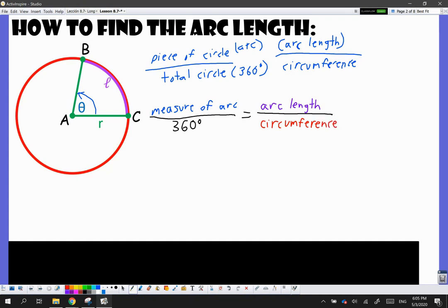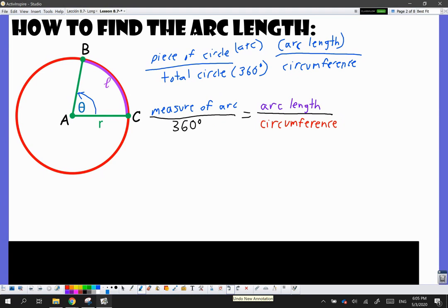There we go. So with this relationship between the angular measures over here and with the lengths over here, I have now set up a proportion that I can cross multiply and use to solve for the arc length.